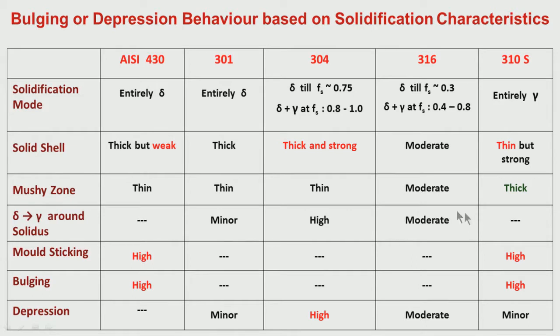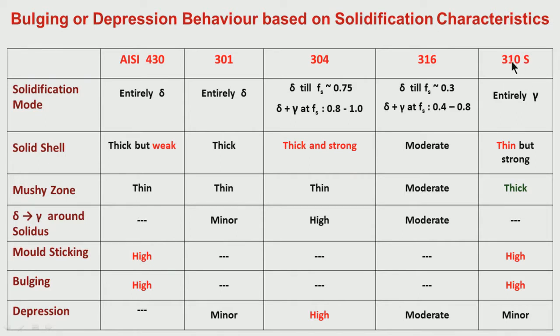The delta to gamma around solidus is moderate, that is why depression also will be moderate. The mushy zone is also moderate. Here it was thin, but it is slightly increasing in thickness, because the gamma transformation is taking place in the solid state during solidification at relatively higher solid fraction. So, the solid shell is moderate in both respects, thickness and strength.